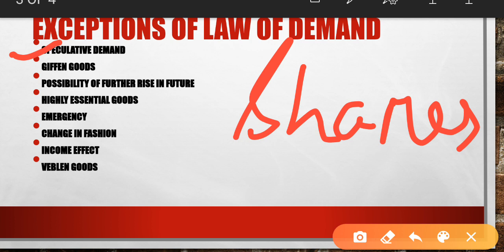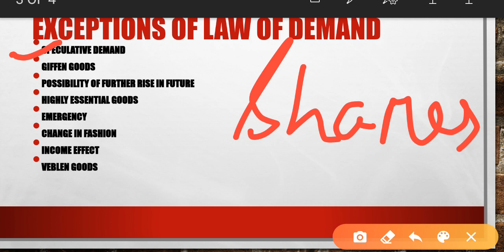So further, it may so happen my share price will increase if I'm purchasing it now. Tomorrow, because of the company's goodwill, I might earn more in future. So here with a rise in price, I may start purchasing the shares. The share price has gone high, but I will start purchasing the share. Why? Because I may feel that in future the price may go higher.